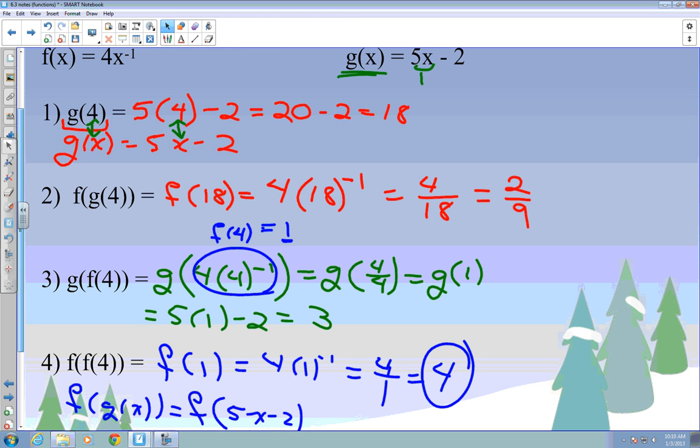So everywhere there's an x, I'm going to substitute 5x minus 2. So that's going to go in for that x right there. So the rest is the same. So I've got 4 times x. Well, I'm going to replace that with 5x minus 2. And that's all to the negative 1 power.